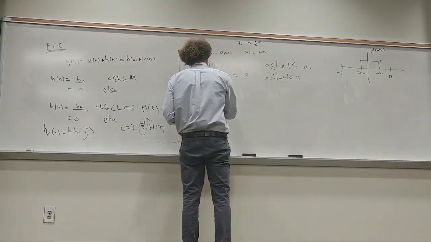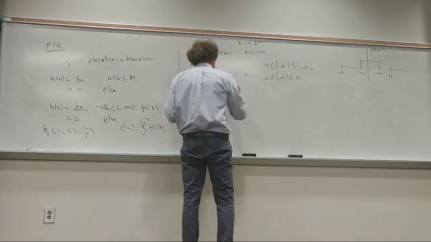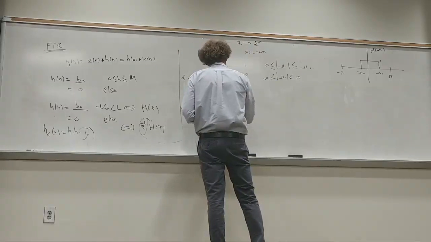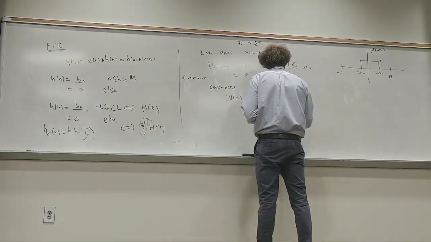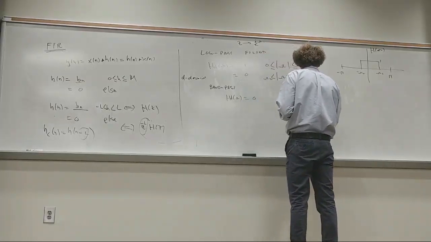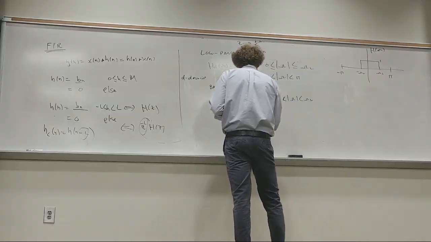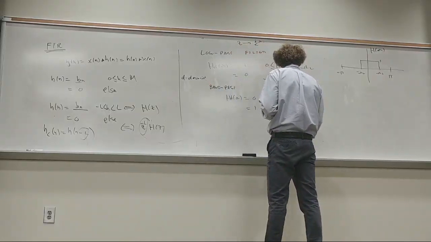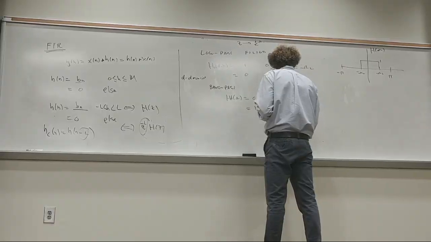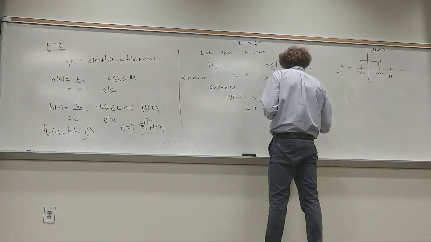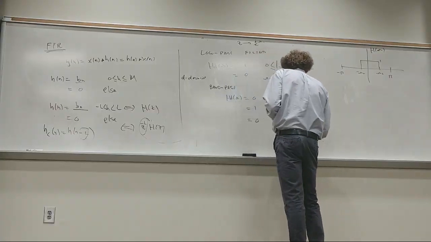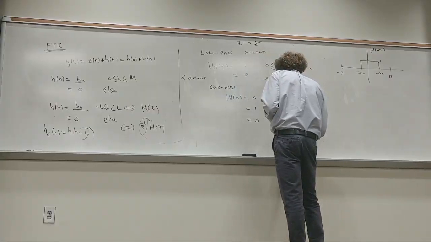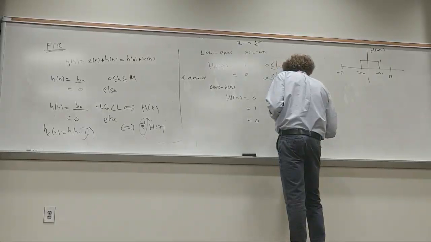If we talk about band pass, and this will encompass high pass, a band pass filter has h desired of omega equal to 0 for the magnitude of omega greater than 0 and less than some omega low, and it's going to have a value of 1, this is ideal by the way, for magnitude of omega greater than or equal to omega low and less than or equal to omega high, and then it's equal to 0 for omega greater than omega high and less than or equal to pi.